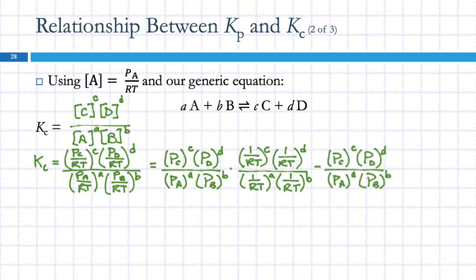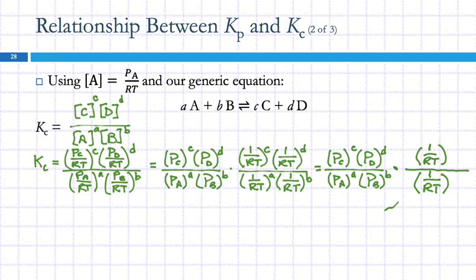The best way to do this is to cheat a little bit and copy things. So we have 1 over RT up there, and we have 1 over RT down here.